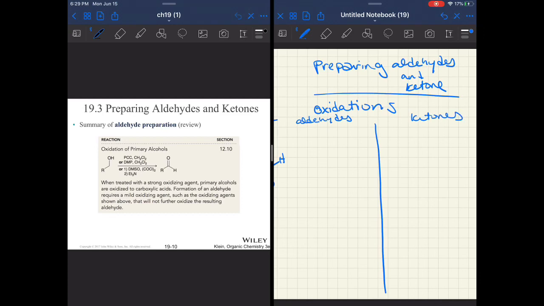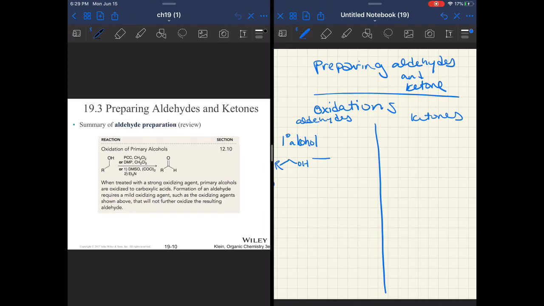Okay, so for the aldehyde oxidation, what you're going to start with is a primary alcohol, OH, so you can have an R group here. And it's important that you have a primary alcohol here.